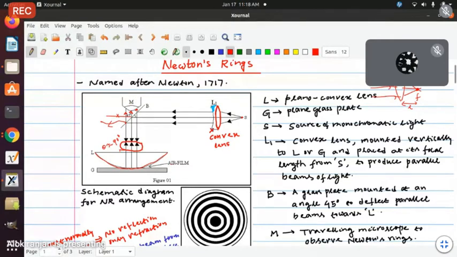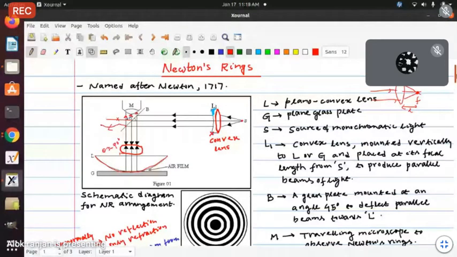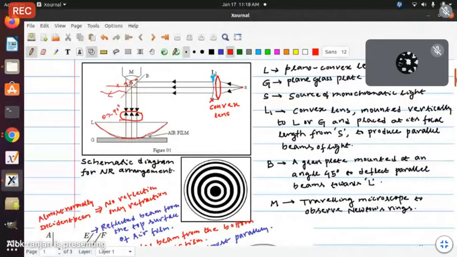We'll find circular ring patterns, right? So that will appear alternately. Dark, bright, dark, bright.